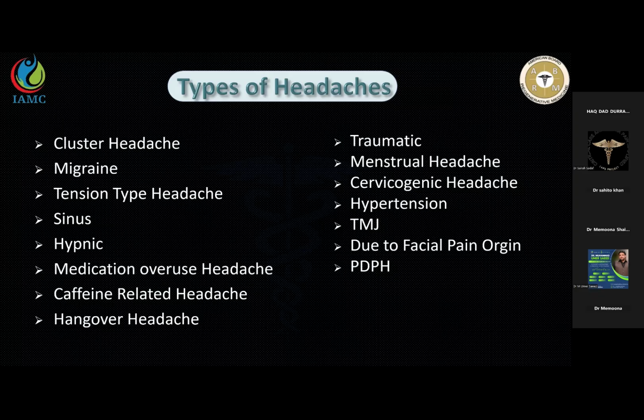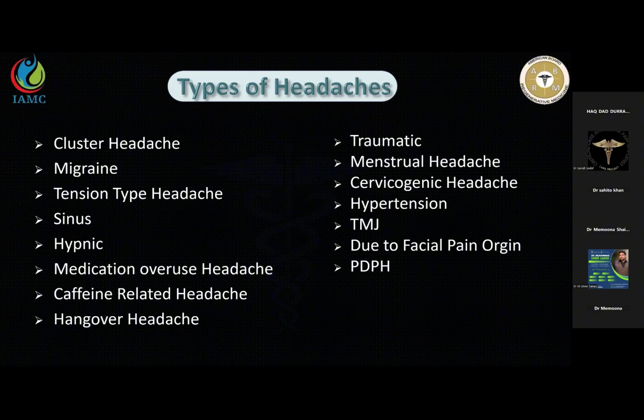Everybody should know how to differentiate specifically between cluster headache, migraine, and cervicogenic headache. These are the three most common types of headache presenting to our clinical setups. For cervicogenic headache, most clinicians or other doctors just label it as a migraine.